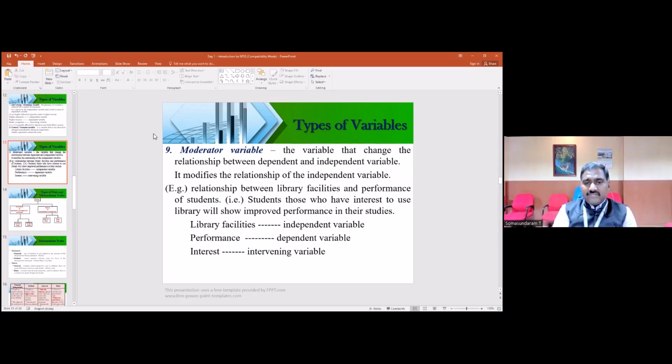A mediating variable influences both the variables directly. A moderator works through interest, library facilities, then the performance. If I'm interested but I'm not going to the library, will my performance improve? No. If you are interested, it will influence you to go to the library. If you go to the library regularly, then it will make my performance good in the exam. That comes from the moderator variable.